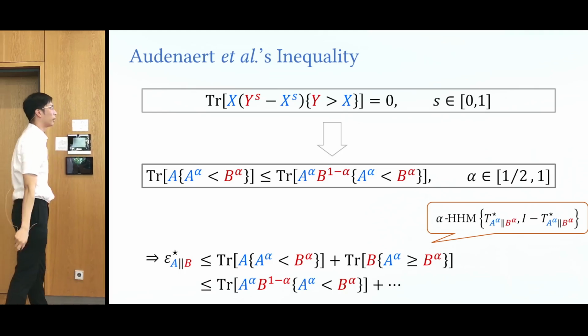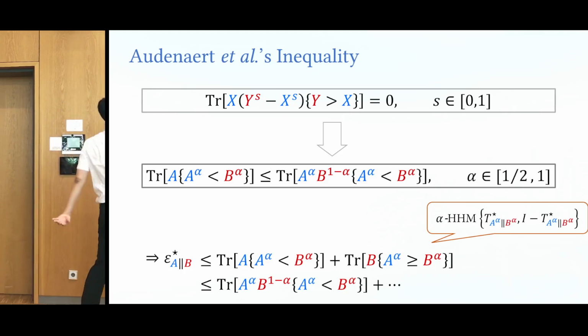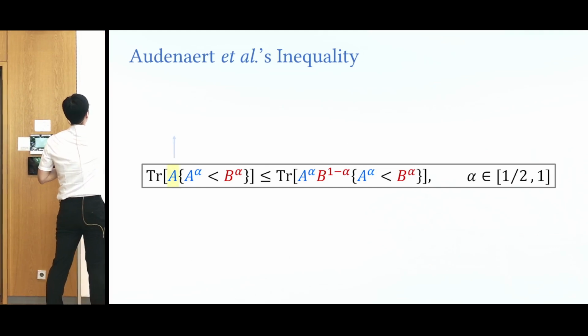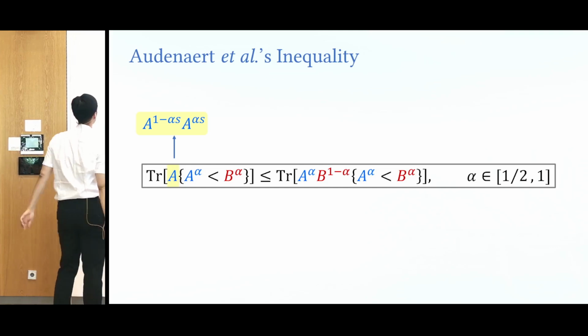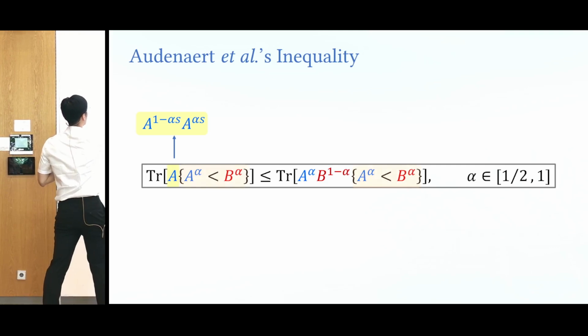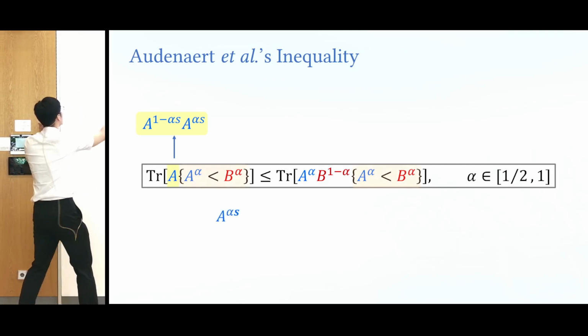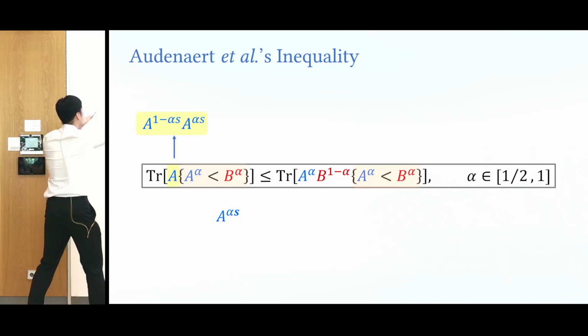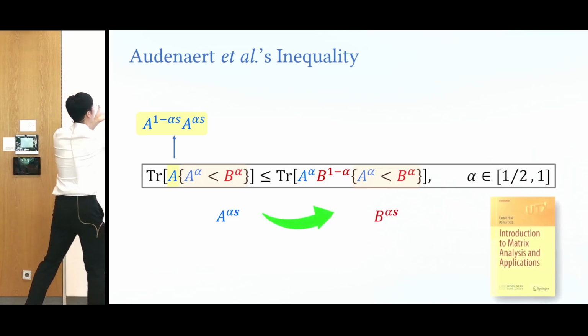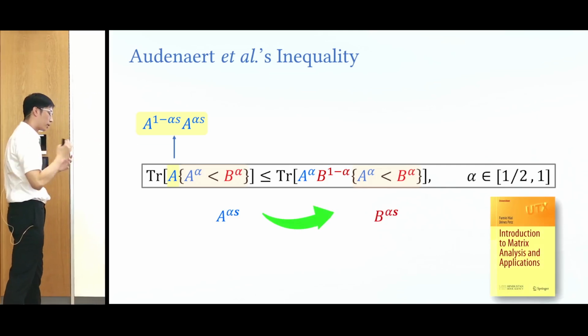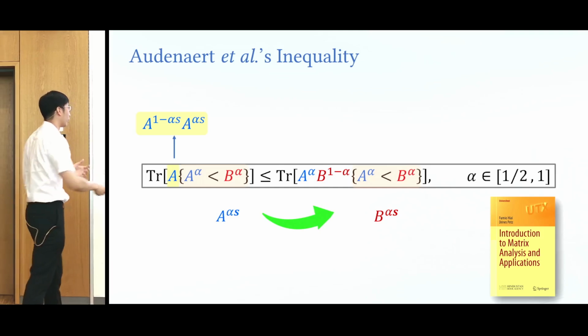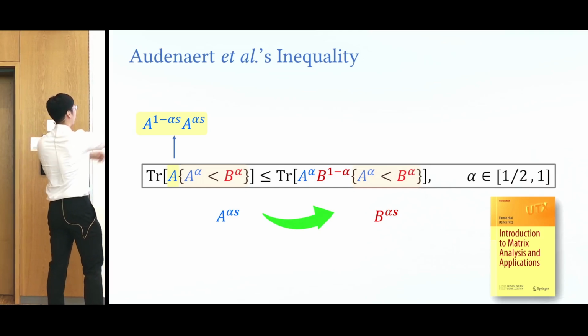We can see easily what is going on here. We first decompose A to A minus alpha S, for S between 0 and 1, any S, a parameter that we call the tilting parameter. With the help of this projection, we want to move this A to the alpha power to the additional S power, to B to the alpha power times S power. Actually, in their paper, they strengthened the Audenaert inequality, so we can do this by the result.